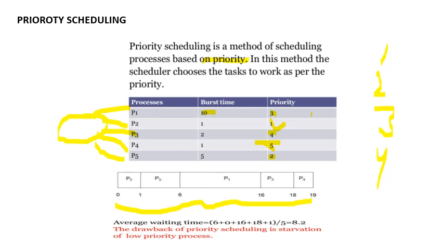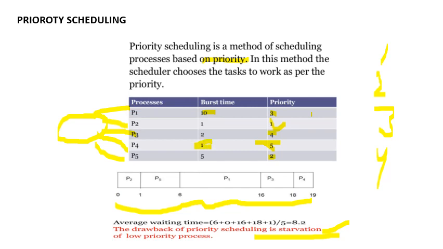The main drawback of this scheduling algorithm is starvation of low priority processes. What is the meaning of starvation? Starvation is when processes stay in the waiting stage for a long time. In general English, starvation means hunger, as you all know. If we consider this example, process P4 has a very low burst time.